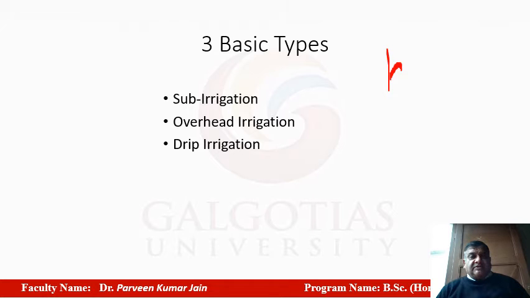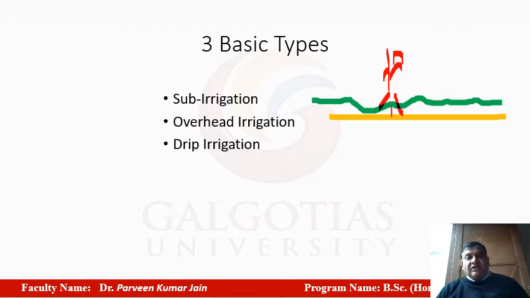For example, this is a plant and this is the root zone. There is some piping underground, below the ground level, releasing some water, and the roots can take this water.